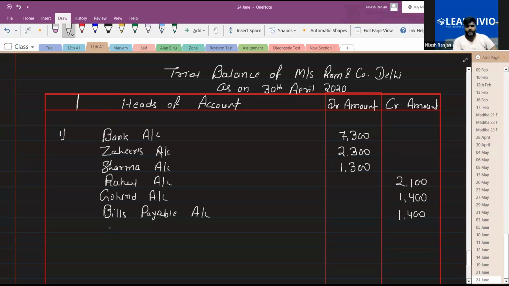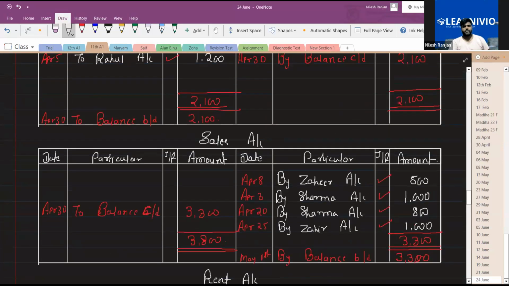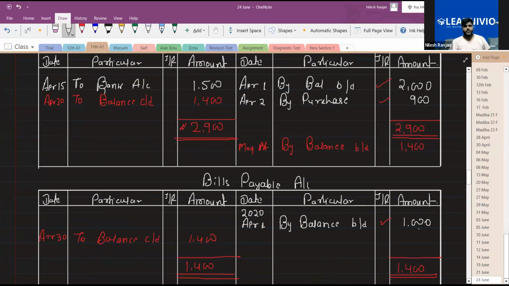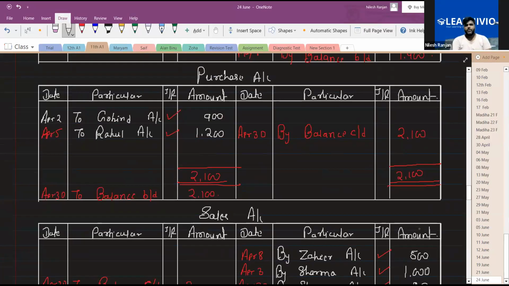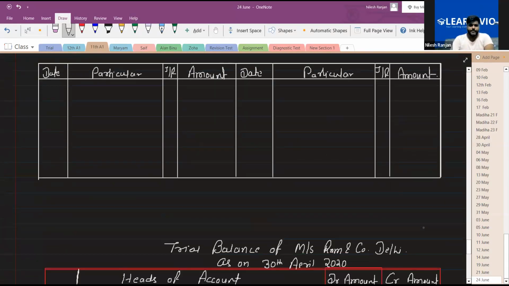Then there is actually capital also, 9,700. So I'm writing it. Bills payable. Purchase 2,100. Sales 3,300.